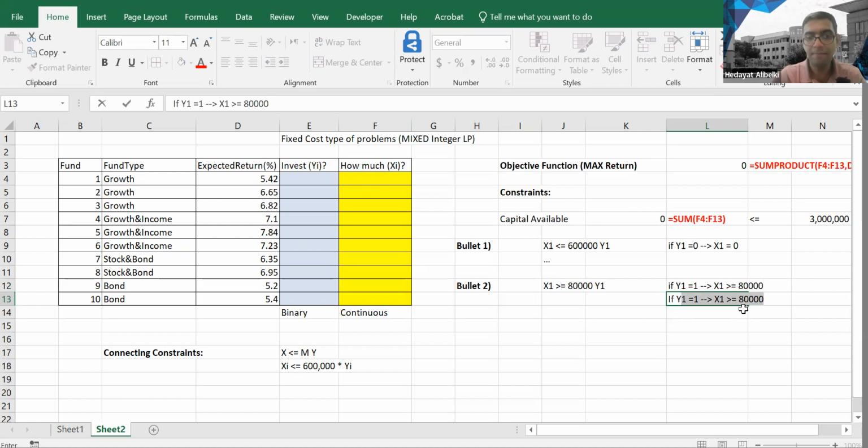If Y1 is 0, X1 has to be greater than or equal to 0, which is obvious. We already knew that the amount of investment is a non-negative constraint. These are non-negative continuous variables. So that's redundant. But what actually matters here is that by adding the Y1 to the right-hand side, you're saying that if you make a decision to invest, then X1 has to be at least 80,000. It just brings in the conditional statement.